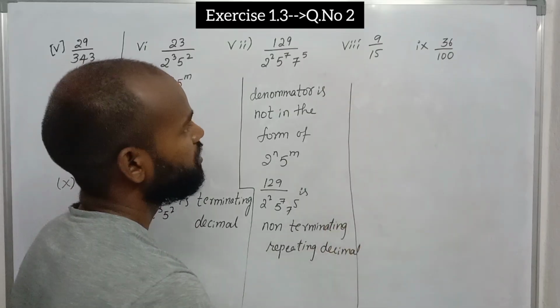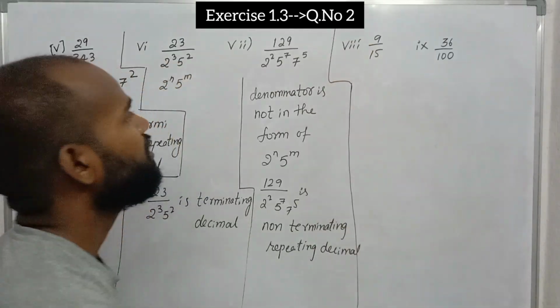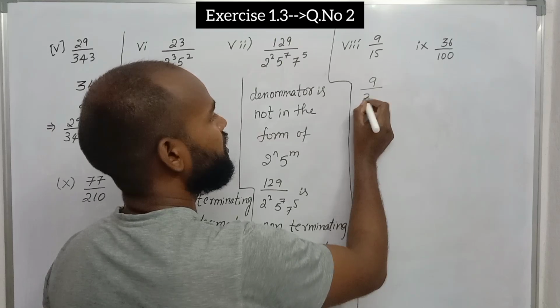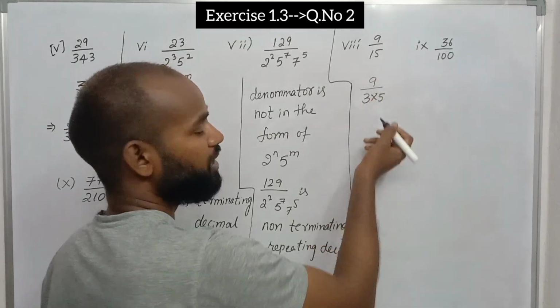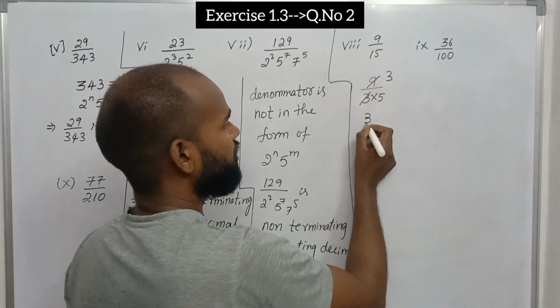So that's all about this. Next, see the eighth question. 9 by 15. The denominator 15 can be written as 3 into 5. So 3 one time, 3 3 is 9, so it becomes 3 by 5.